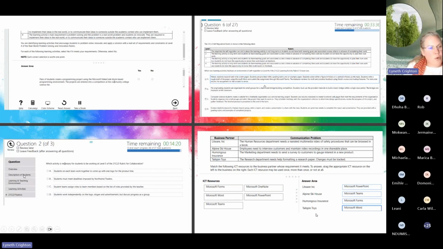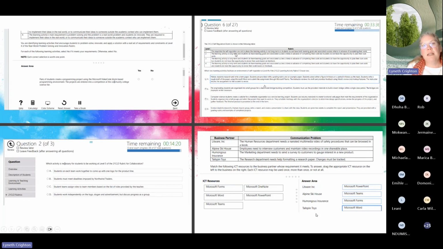So you get the story, the description of the students, the learning and teaching environment, the rubrics, the learning activities, and there were 3 questions based on this case study. Sometimes there are 4, and then there are usually 2 case studies, and then a big bank of questions where each question is kind of standalone.